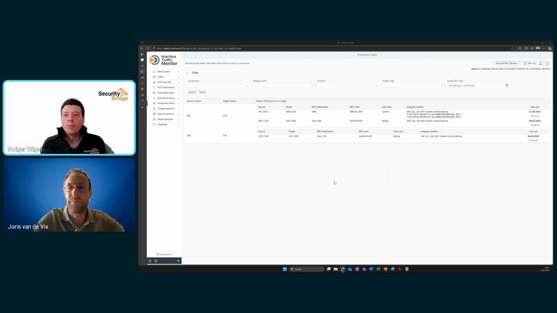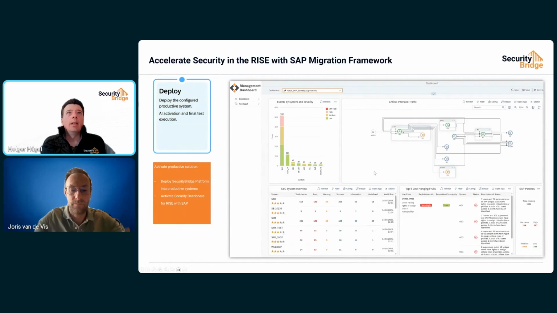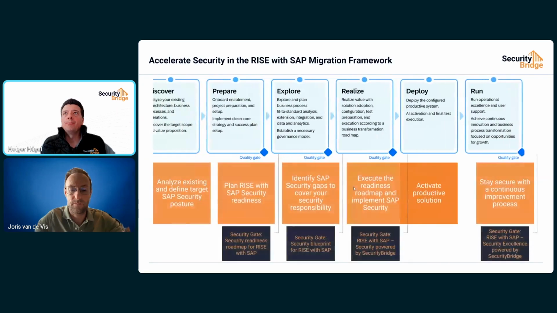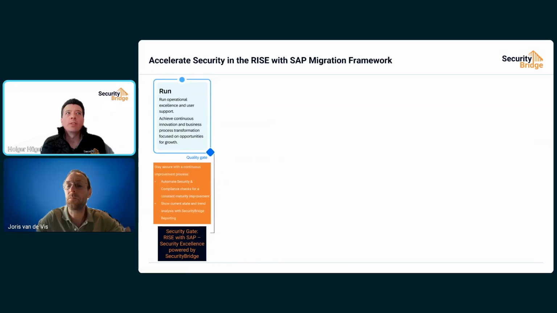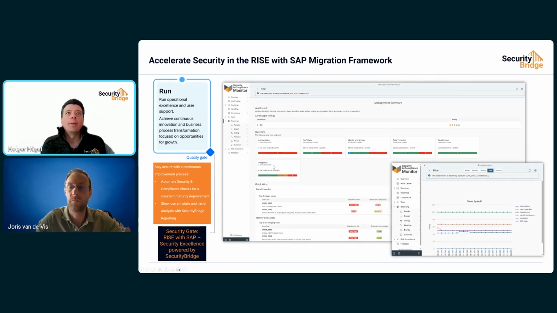Good. So let's come to the closing and just have a few other notes on the last phase, run, which is actually a transition from the implementation phase up into the operations phase, where you further want to look at certain automations, but also focus on the reporting part, because you want to make sure that you are able to show improvements.